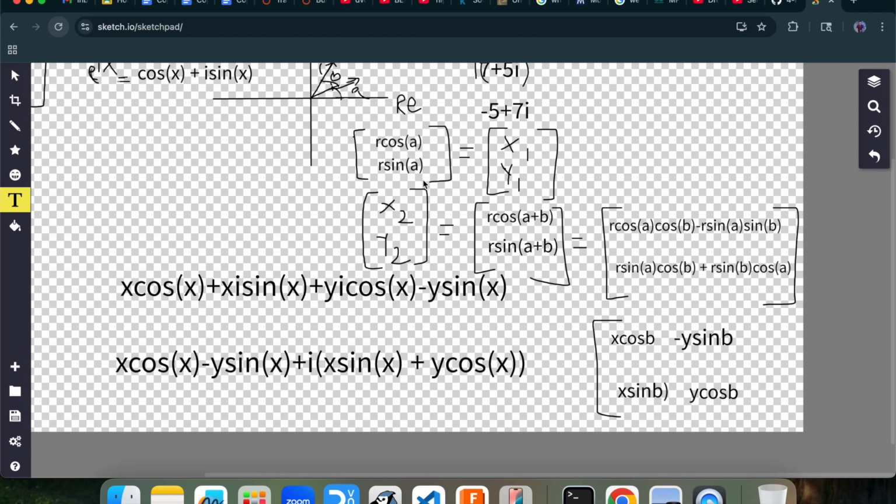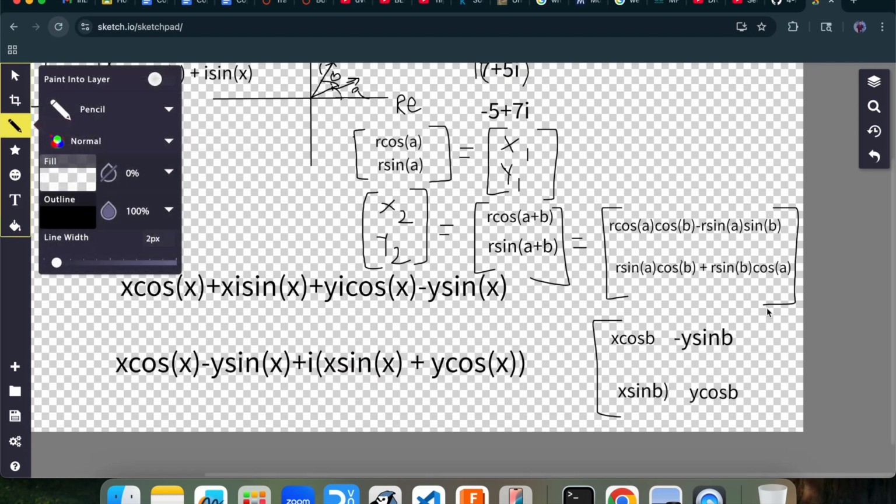R sine A is Y, so Y cosine B, and then R cosine A is X, so X sine B. Yeah, so I think that's it.